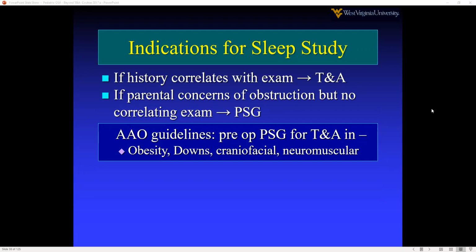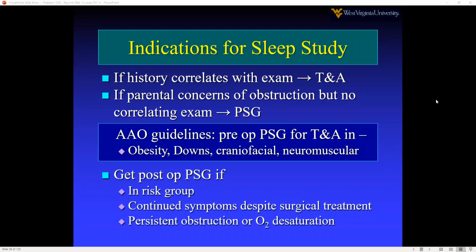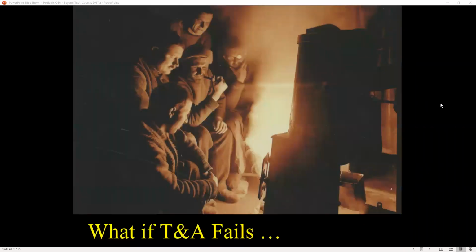And then certainly if you're going to do tonsillectomy and adenoidectomy, if they have obesity, Downs, or any other significant comorbidity. And then post-op, if they're in a risk group, or continued symptoms. And some kids, you might get post-op pulse oximetry if they can't tolerate a PSG.